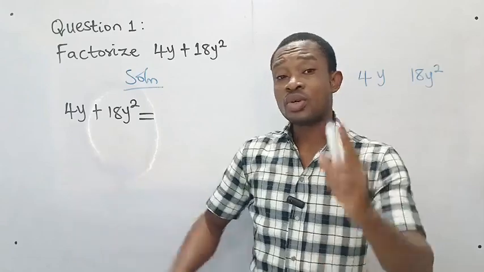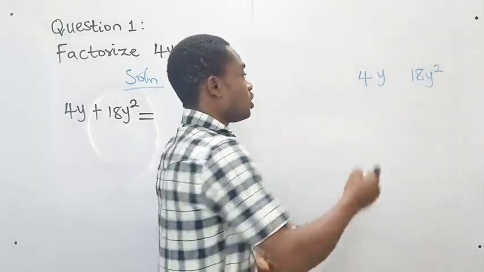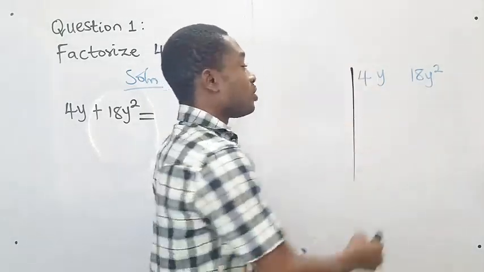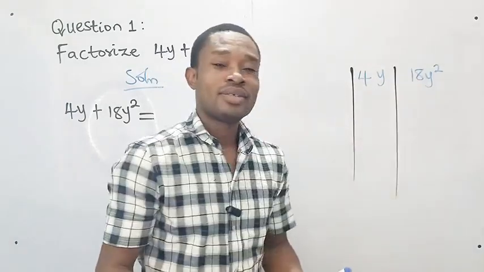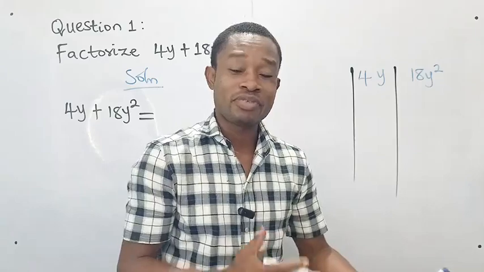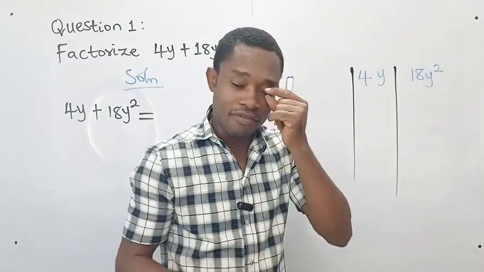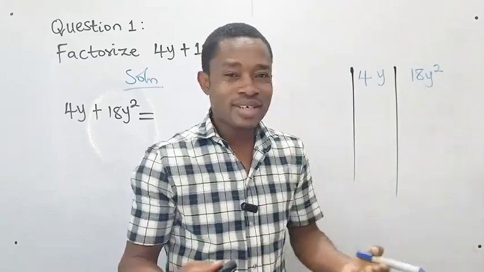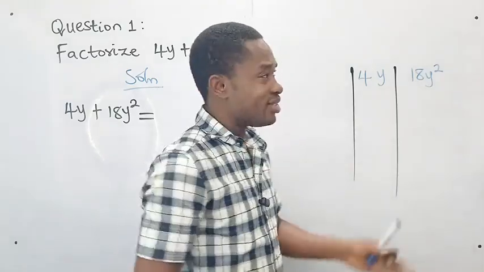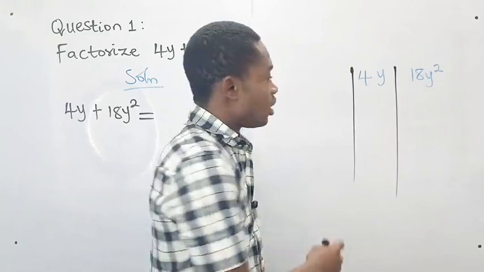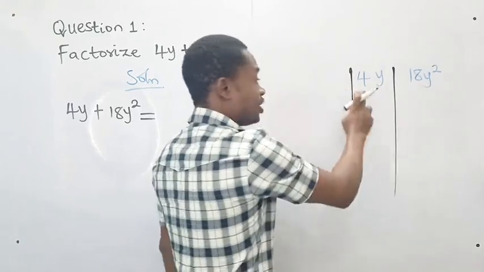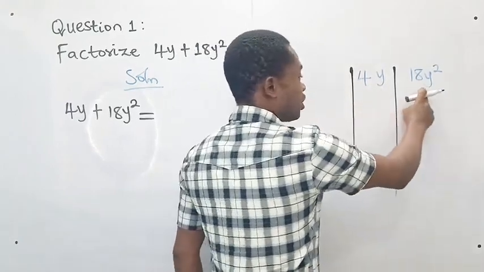Considering the alphabet, only y is the highest common factor. We can find this highest common factor by thinking about our LCM method, from which we can get the HCF. But with excellent knowledge of multiplication, like I said, you don't need to stress yourself in this. Now, if you look at this, which number can divide this term and divide this term?